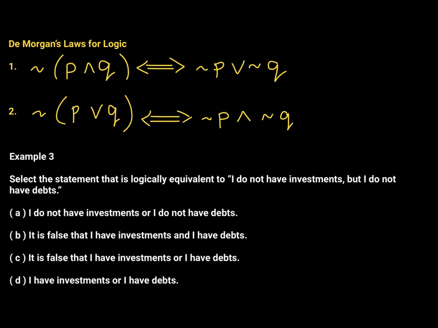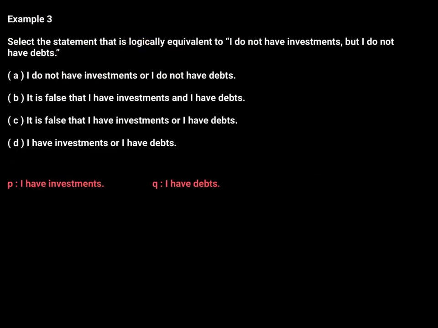All right, the first thing I think we need to do is to write the given statement in symbolic form. So in order to do that, we need a P and a Q. I've chosen P to represent the statement I have investments, and Q, I have debts.